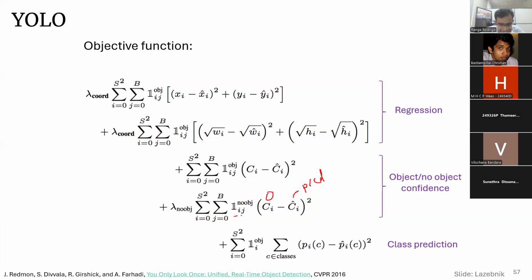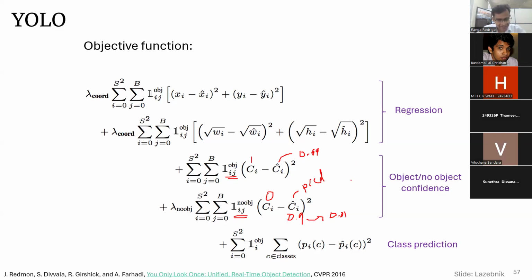If the predicted one is 0.9, that's bad, right? That's making an error. So this 0.9 may somehow reach a very small number because of this loss. So you can see for background cells, it's pushing that to 0. For foreground ones, that means for object ones, the ground truth will be 1. This will be pushed to close to 0.99 or something like that.